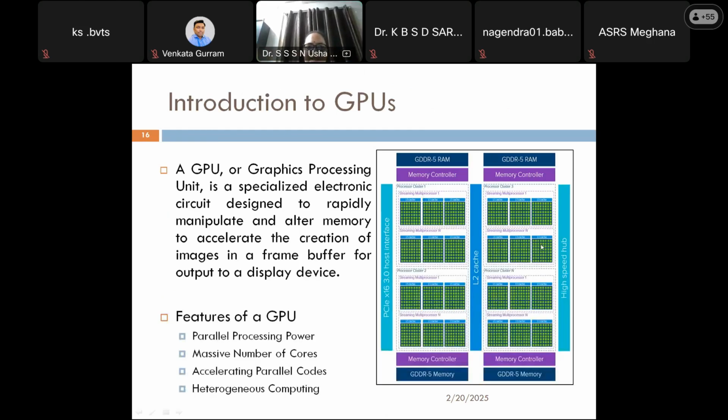So this seems to be the structure of this GPU. You can see the RAM placed here, and the memory controller, and then the processor clusters. Here you need to understand this word, streaming multiprocessor 1, streaming multiprocessor 2. So there are many clusters here: processor cluster 1, cluster 2, cluster 3, cluster 4.